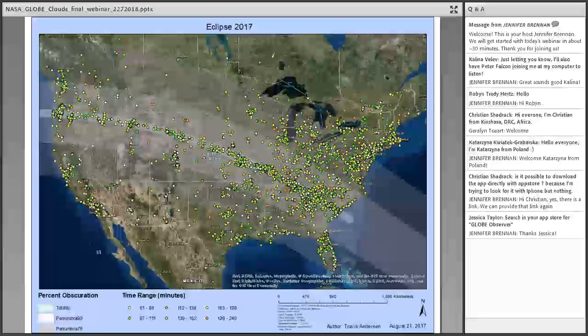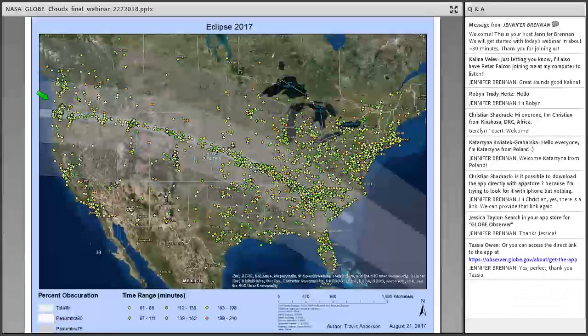Now, shown here is a schematic of all of the unique observers. And you can see that this is the path of the eclipse, of the umbral shadow, where the moon completely blocks the sun.